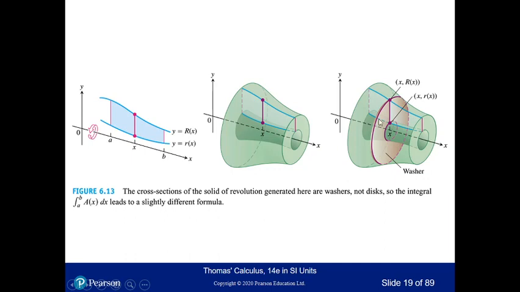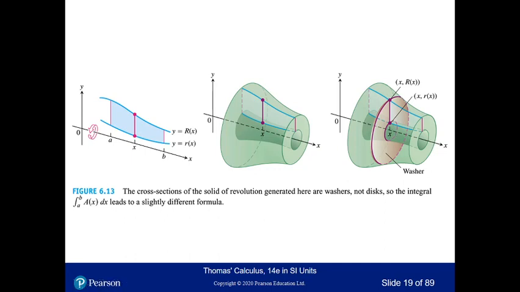So in this sense, if you look at this washer, we have an outside radius. We have this big disc and inside another disc. The inside disc has little r of x, the outside disc has capital R of x.